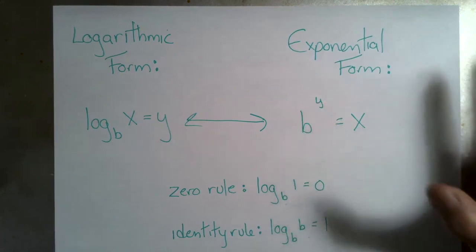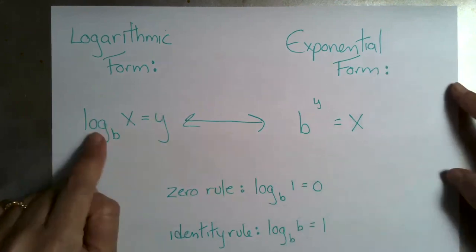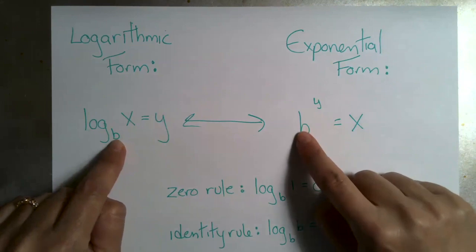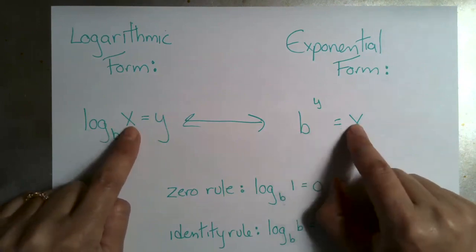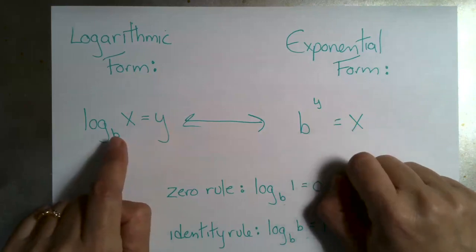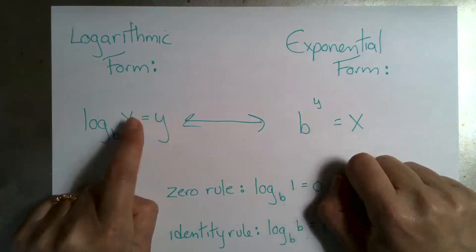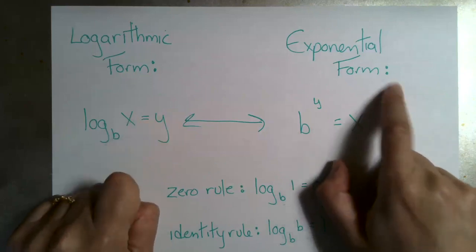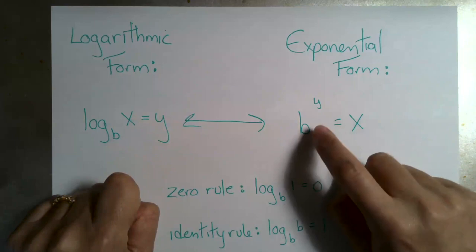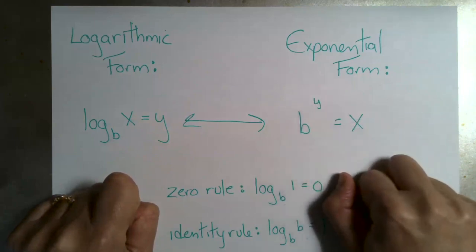The logarithmic form of that exponential expression goes log base b of x equals y. It asks the question, b raised to what power gets me x? Whereas the exponential form is an instruction: raise b to this power to get x.